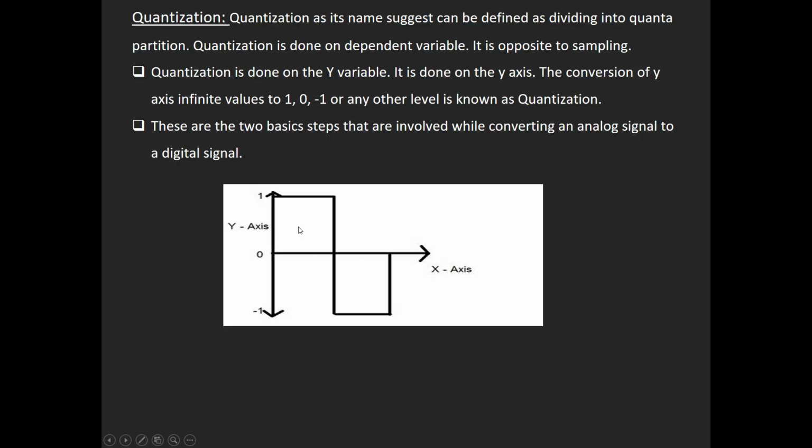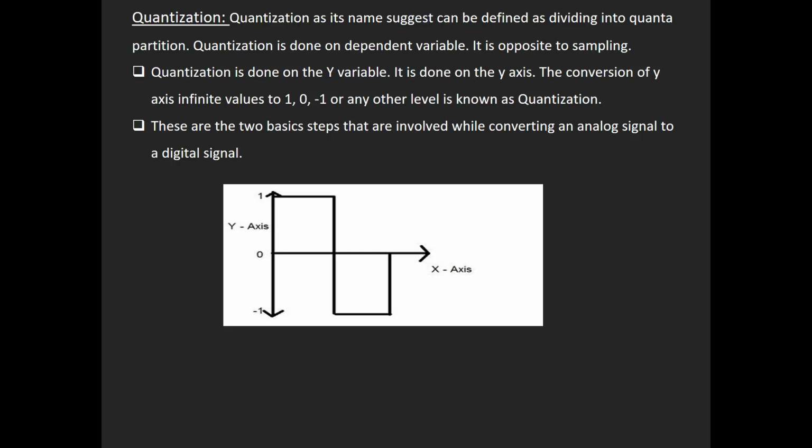It means on the y-axis. The conversion of y-axis infinite values to 1, 0 and -1 or any other level is known as quantization. It is not necessary that you always quantize in the values of zero, 1 and -1. It can take any values but only a set of particular values.